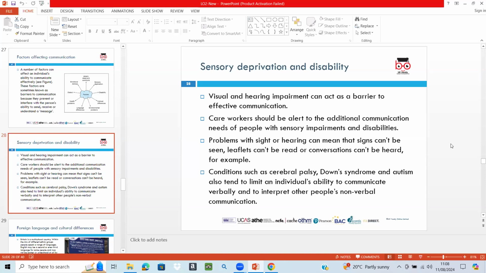For example, a service user with hearing loss may not hear verbal instructions clearly, requiring the use of written communication or British Sign Language. Similarly, a visually impaired service user might need information provided in braille or via audio.